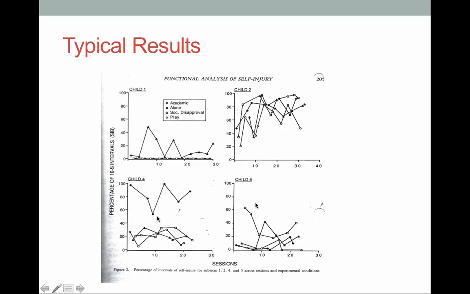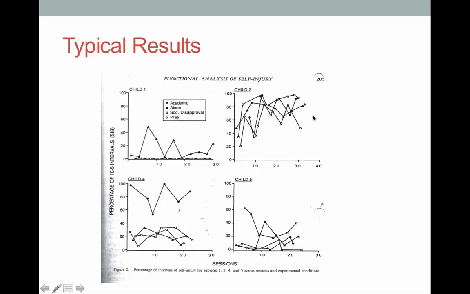Child 5, as you could see, was generally highest in the social disapproval condition, suggesting that her behavior was maintained by attention. And then you got child 2, where it doesn't look like there really was any differentiation at all.